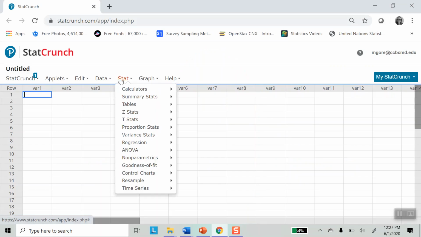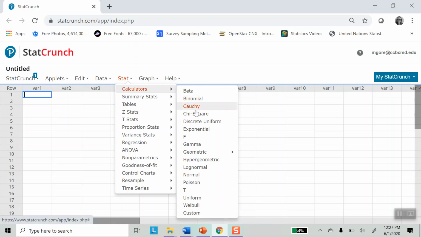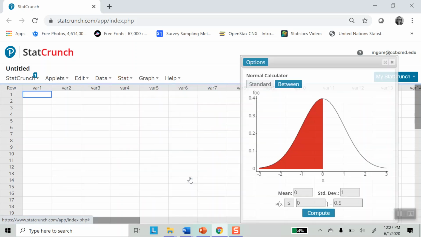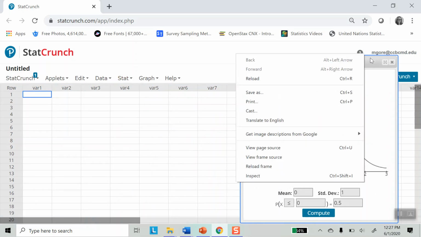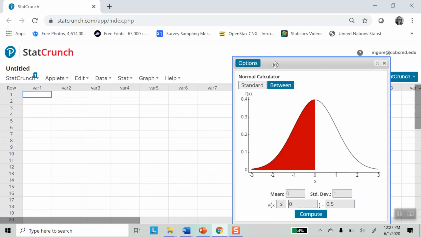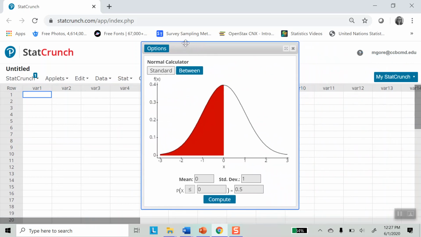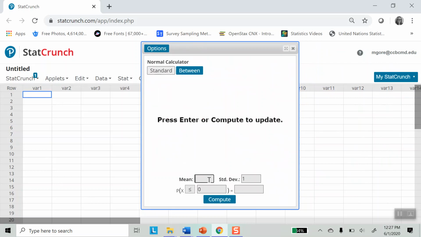Stat Crunch, Calculators, Normal. Here it is yet again. We're using this model for many purposes in this course. For the mean, I'm going to put 0.13. The standard deviation, if you recall, was 0.024.